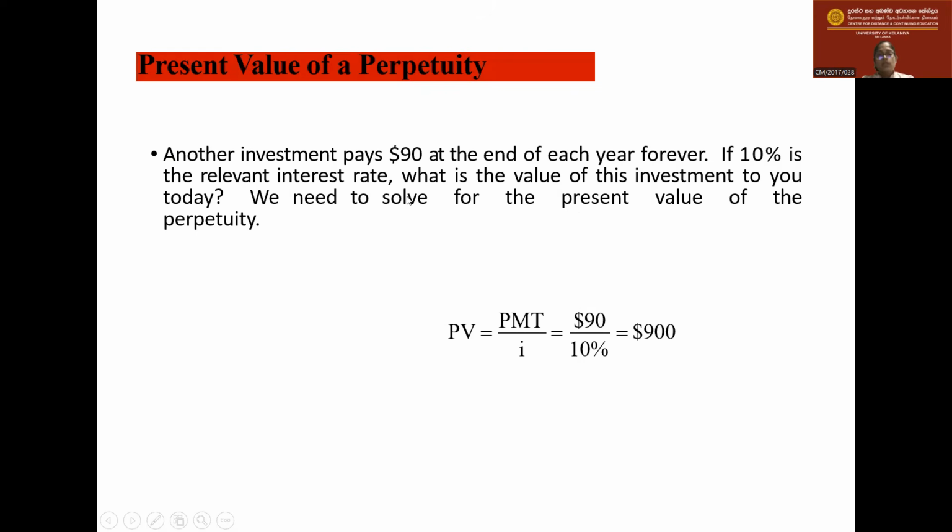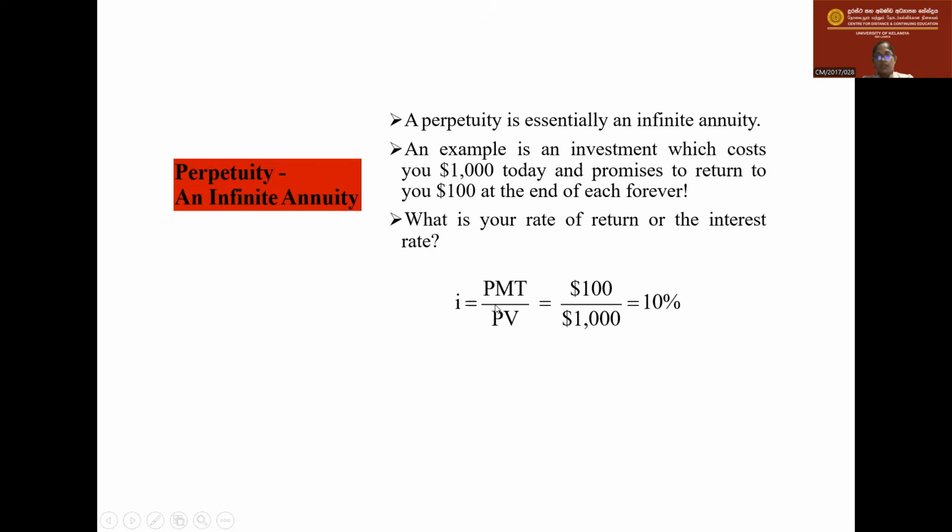Right, here we need to solve for the present value of the perpetuity. So, in the previous one, when it came to the interest rate calculation, what we did was we just obtained the return, I mean the PMT, the payment, divided by present value. When it comes to the present value, use cross multiplication here, right?